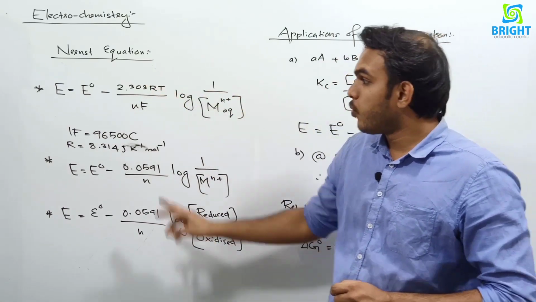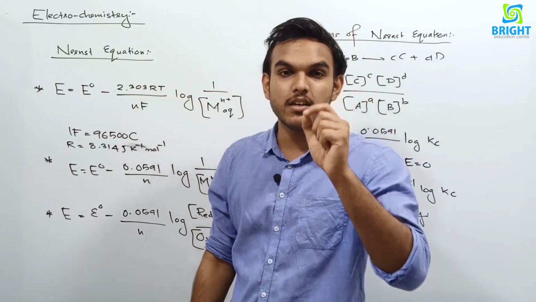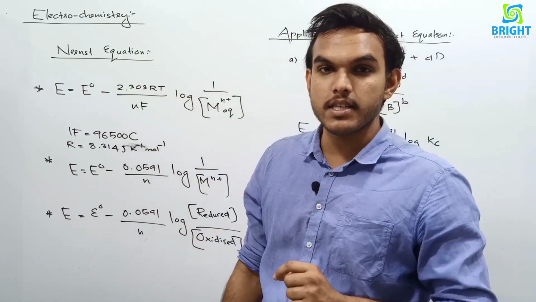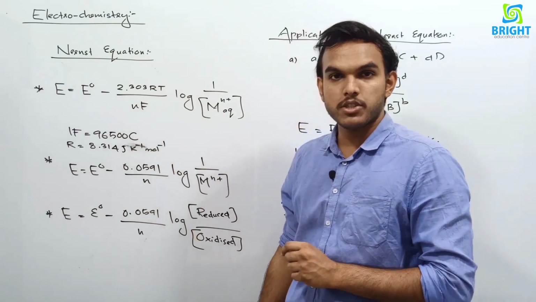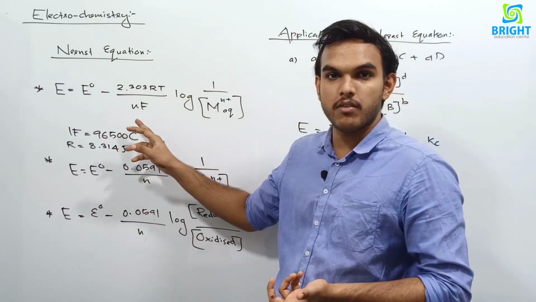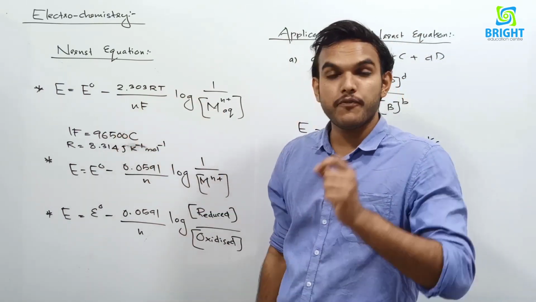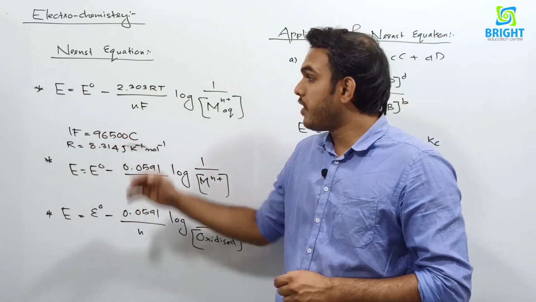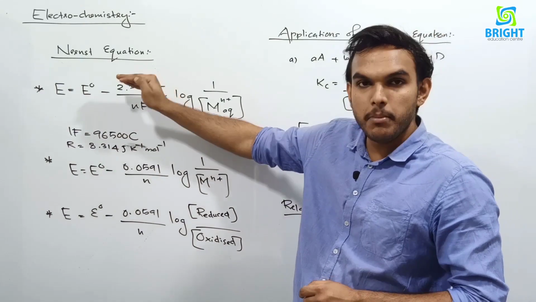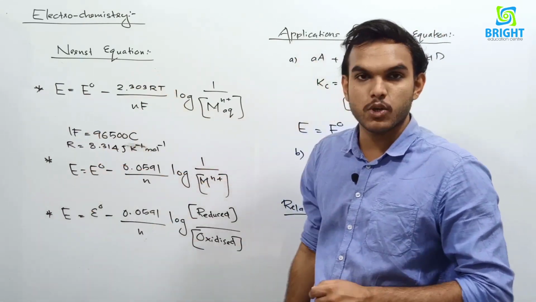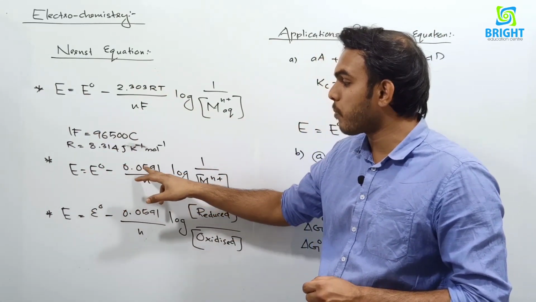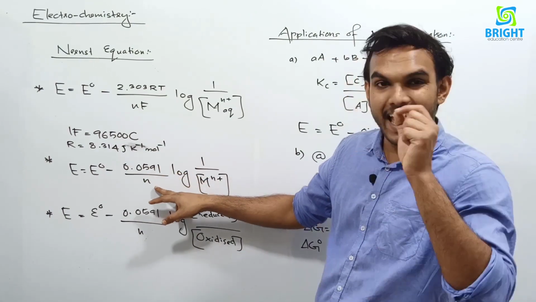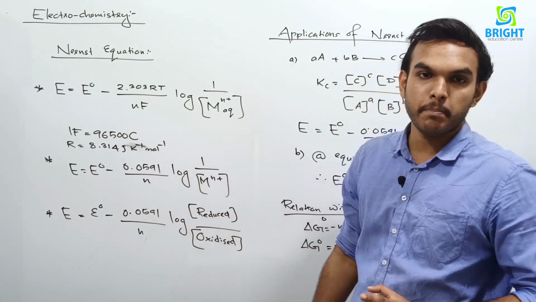This is the equation, where R is the universal gas constant, 8.31. T is the temperature, 273 Kelvin or 298 Kelvin, as we take. F is Faraday's constant, 96500 coulomb. Then we can write the same equation in this form: E cell is equal to E0 cell minus 0.0591 divided by n log 1 by M n plus.